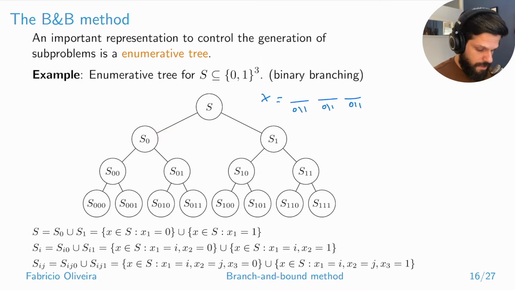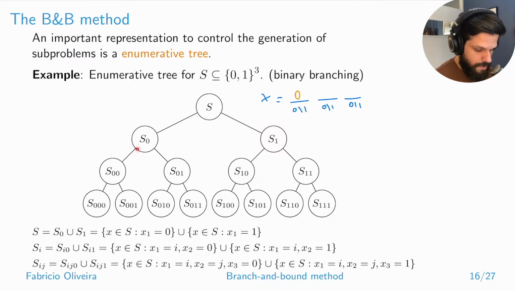So we say on S0 we are fixing the first component to be 0 and leaving the other two to be decided. So you can see that in this case here, and likewise on the other side here will be all, instead of 0 you will have 1 here for all these.